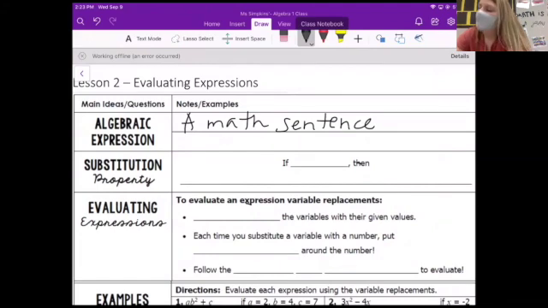A math sentence that has no equal sign. And I'm putting an exclamation point for emphasis there. So we can use numbers, we can use operations, we can use exponents, variables, all of that stuff, as long as it doesn't have an equal sign.